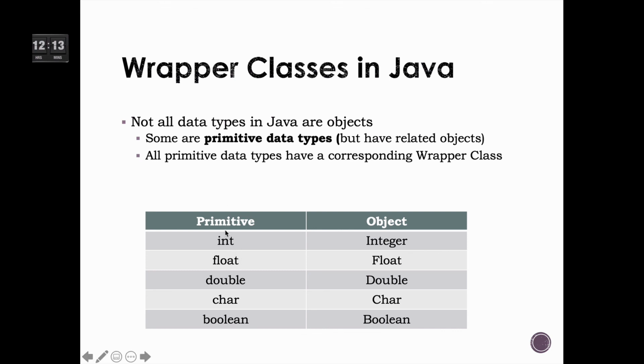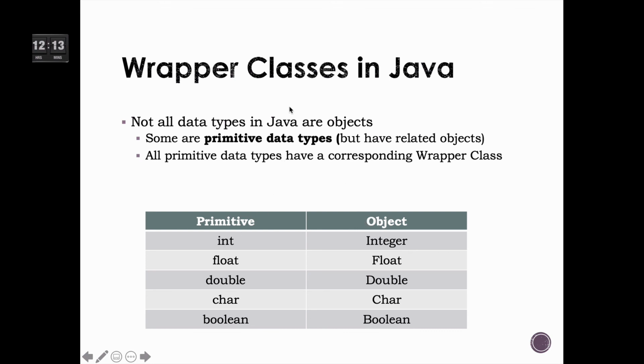These primitive data types are not classes, they are just a little piece of memory that represents just an integer number, let's say for int. In Java's philosophy, everything should be a class. Int as a primitive data type is not a class.